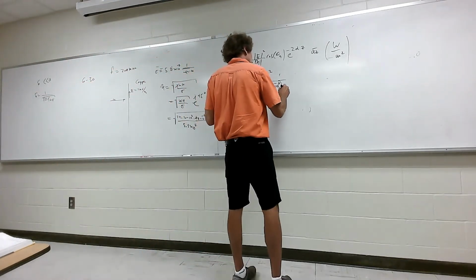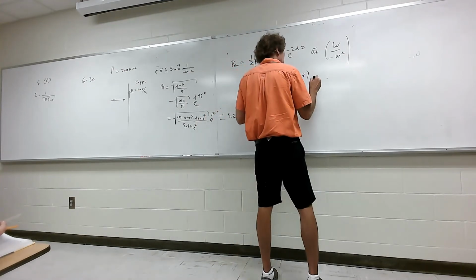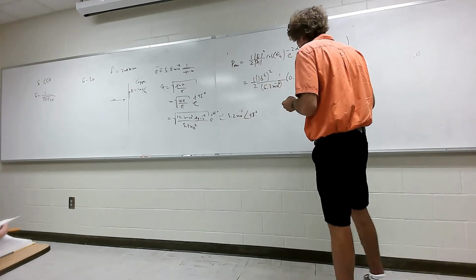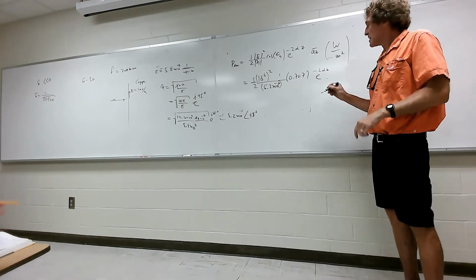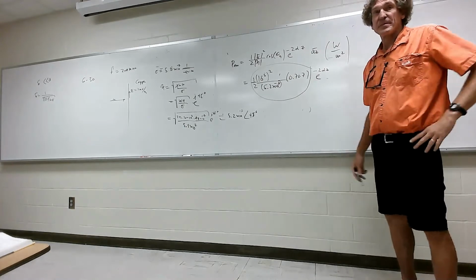I'm just going to multiply this by 0.707. It would decay as e to the minus 2 alpha z, but he doesn't care about that. He just wants the power flowing through a square meter. So this is the number he wants. What do you get for that?